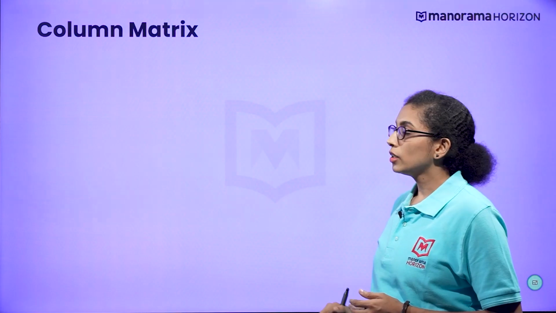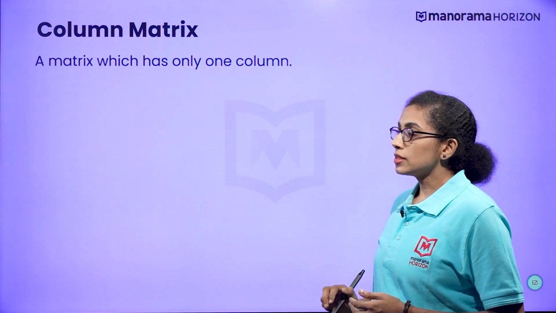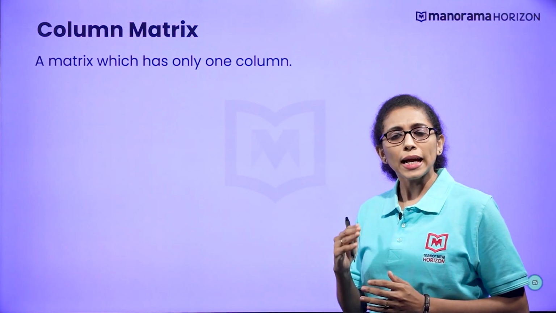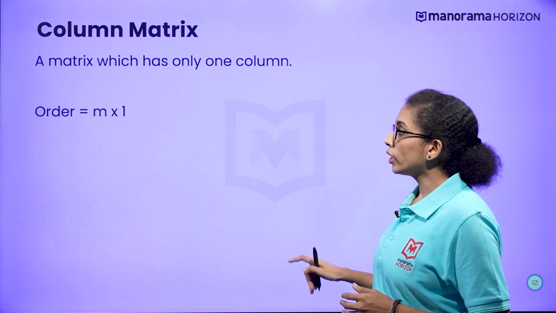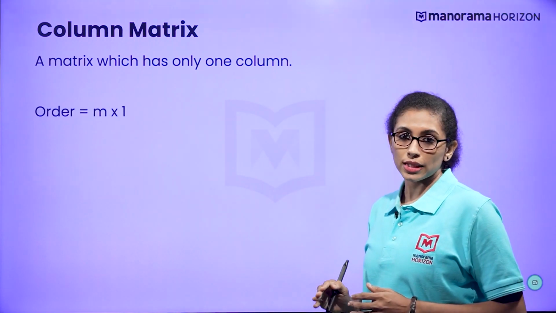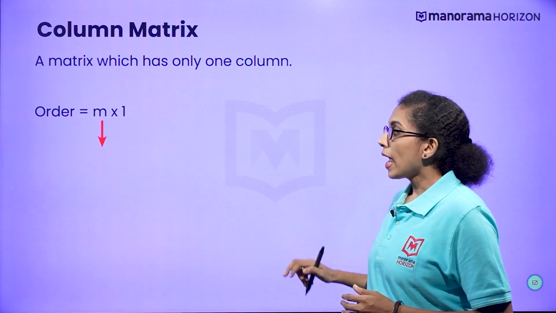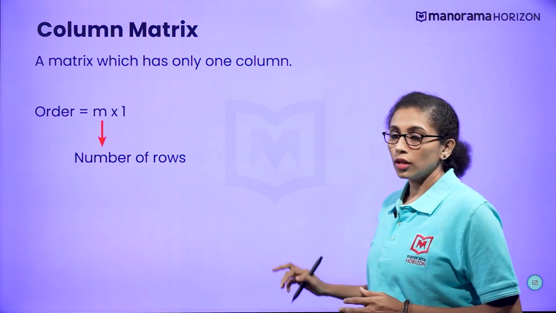First one, column matrix. A column matrix is a matrix which has only one column, but it can have multiple rows. In general, the order of a column matrix is m by 1, where m represents the number of rows.